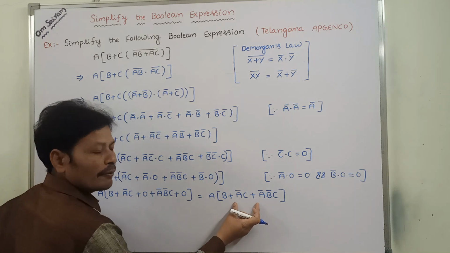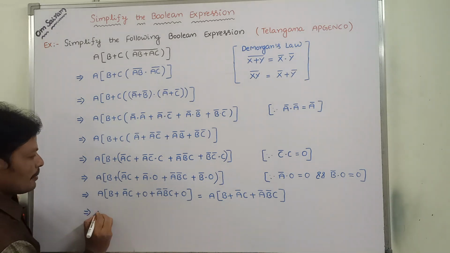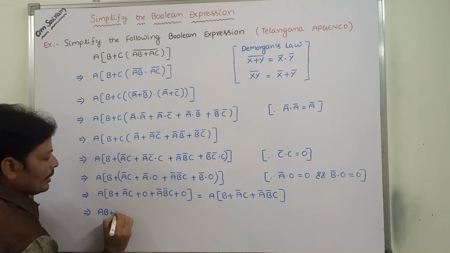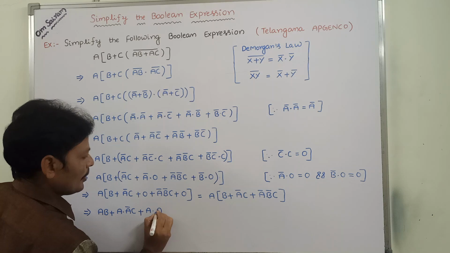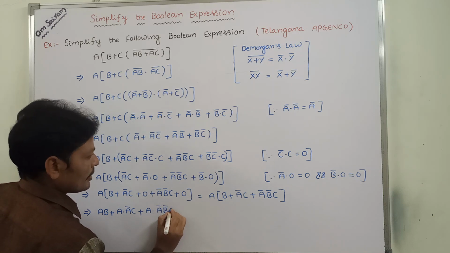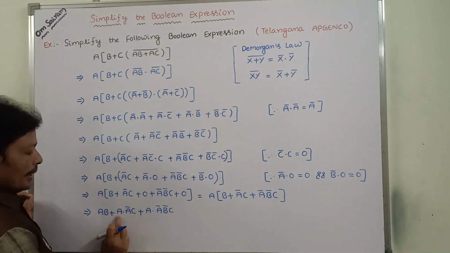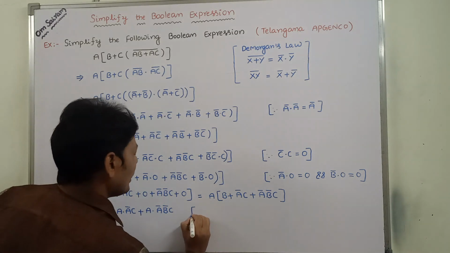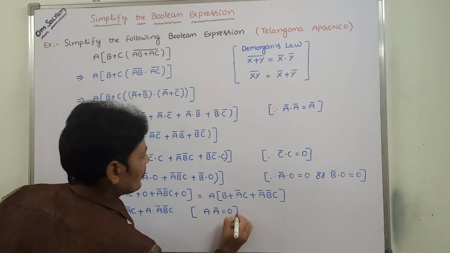Now this entire thing within the square bracket is multiplied with A. So then it becomes A into B, which is nothing but AB, plus A into A bar C, plus A into A bar B bar C. This is what we are getting. Here A into A bar is 0.